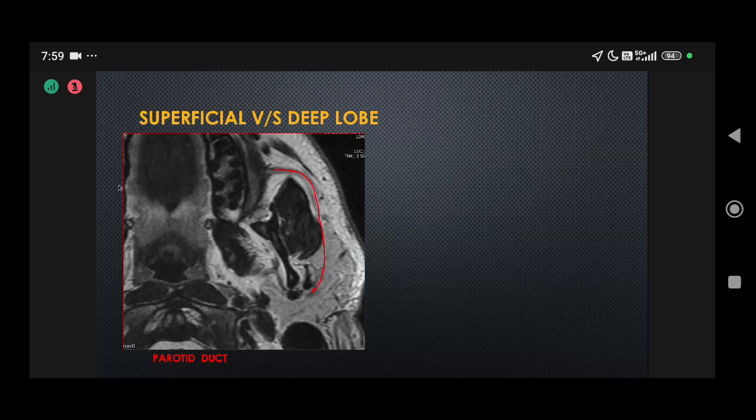The parotid duct is the ductal structure which emerges from the parotid substance, and on cross section you can see a faint gray line which runs parallel to the masseter muscle, and here you can see the opening of the parotid duct, opposite to the left second upper molar tooth. The duct divides the gland into two parts: the part of the glandular substance which lies medial and inner to this duct becomes your deep lobe, and this becomes your superficial lobe.